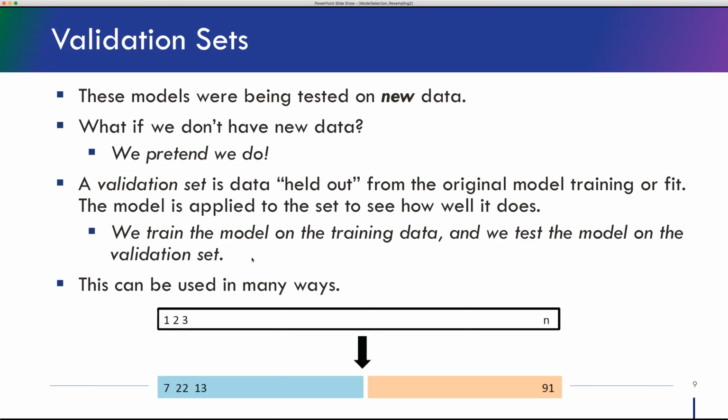And it can be used in many ways, like the splitting of training and testing data sets. Here is a simple figure showing intuitively what we do with our data set. This is the whole data set we have, of size n, so observations 1, 2, 3 up to n.